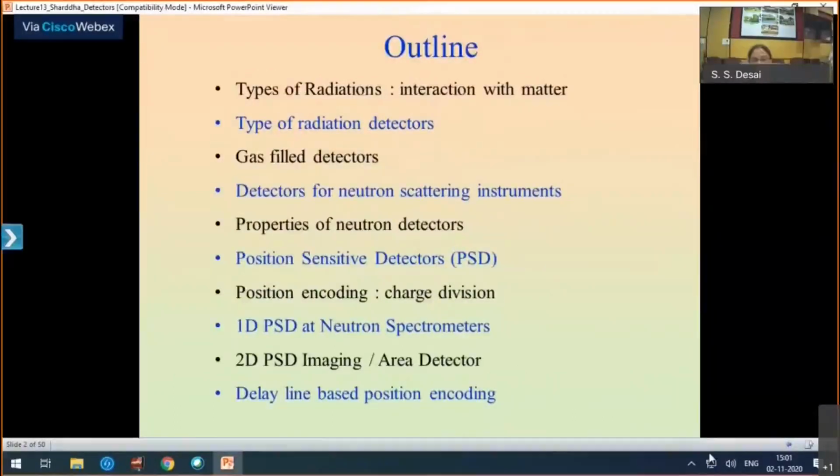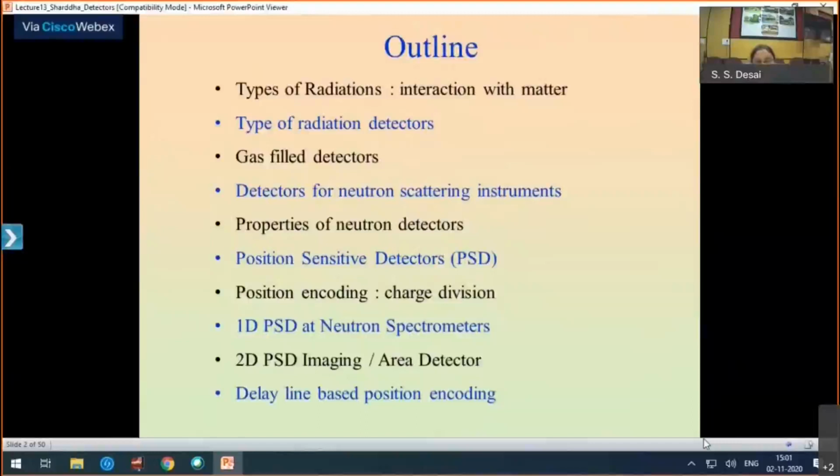The outline of my talk is as follows. There are various radiation detectors like alpha, beta, gamma, and neutron. So what is the basic difference between other radiations and neutrons? Since their interaction with matter is not like other charged particles, they have to be handled differently.